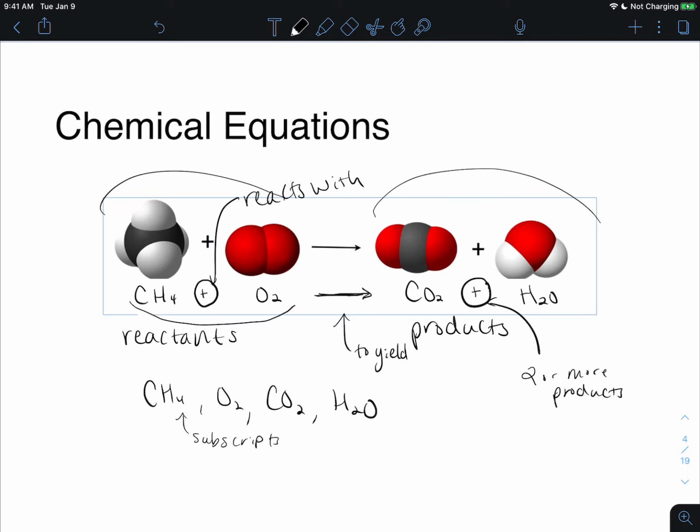So when we're thinking about conserving matter or mass, we have to make it so everything on the left side matches everything on the right side, but we do this not by changing those subscripts, we do it by adding something called a coefficient.